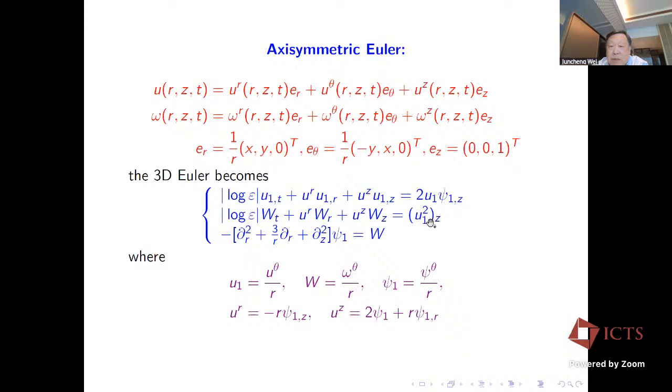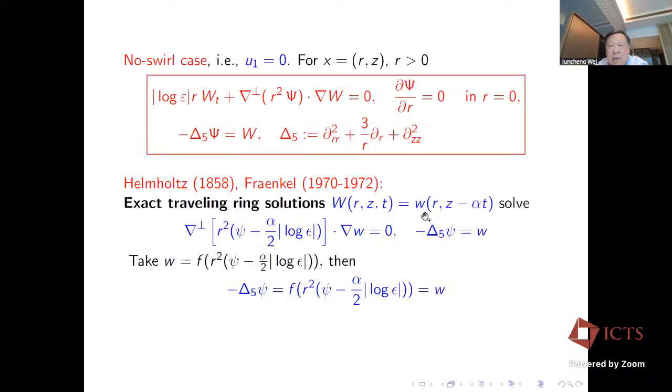Now, if we assume that there's no swirl, and the 3D Euler becomes almost like a 2D Euler, but with some inhomogeneous terms here, okay? And here the Laplace is not the Laplace in R3 or R2, it's a 5-dimensional Laplace, and this is because of the change of variables.